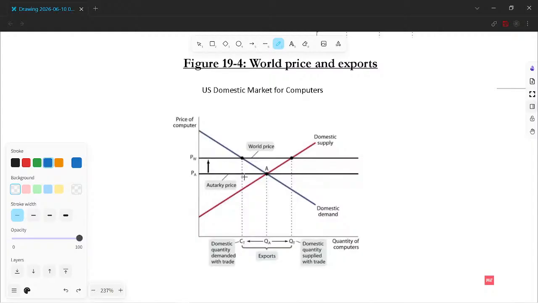Now, consumers have less surplus domestically, but producers have more surplus, because producers are going to have this surplus, and consumers are going to have this surplus.